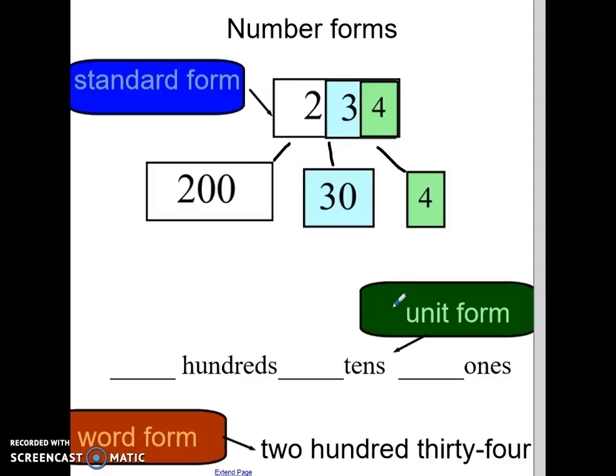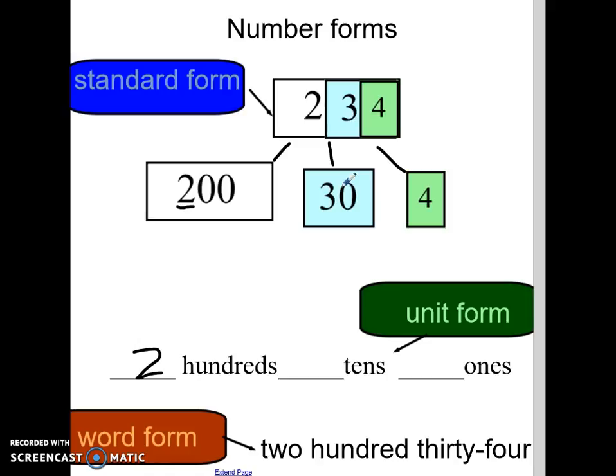I can also write my number in what is called unit form. Now when I write in unit form, I'm breaking the number up into the different units. So if I look at my number bond, first I'm looking for my hundreds. How many hundreds do I have? I have 2 hundreds, so I'm going to write a 2 on the line.